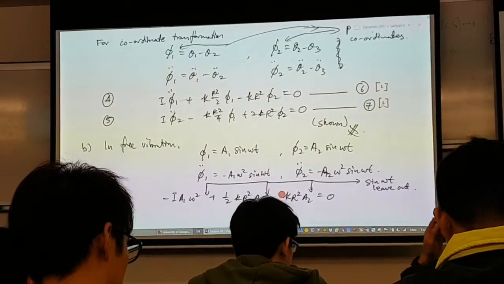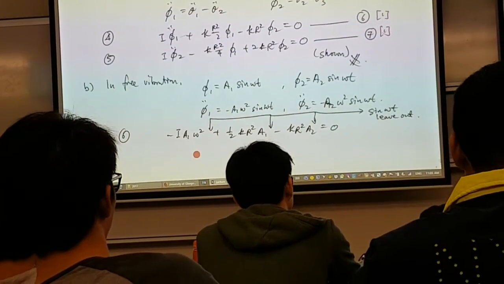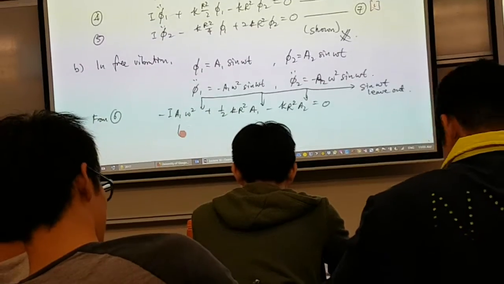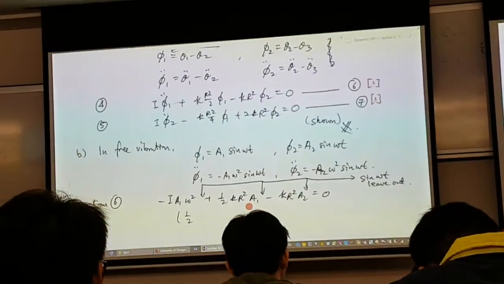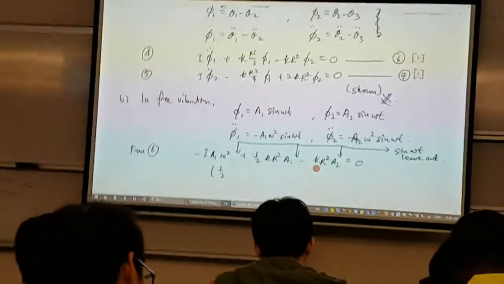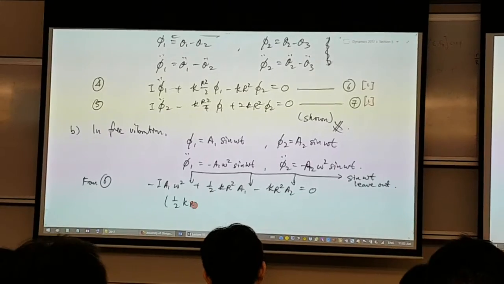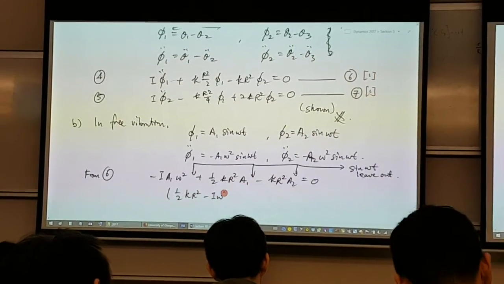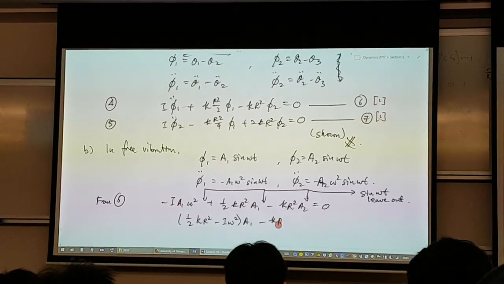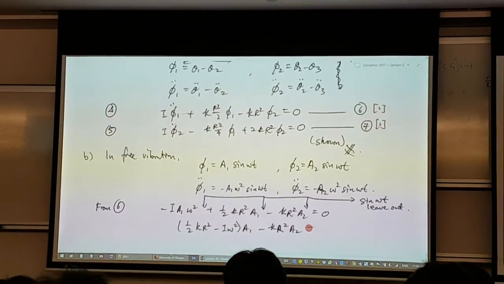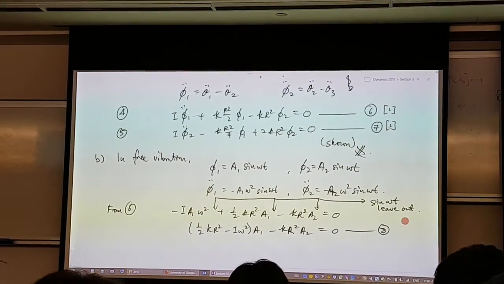So no time, that's why you need to leave things out. If I simplify this, bringing all the a1s together and a2 over here, I get half k r squared minus I omega squared, times a1, plus k r squared a2 equal to 0. I call this equation 8.